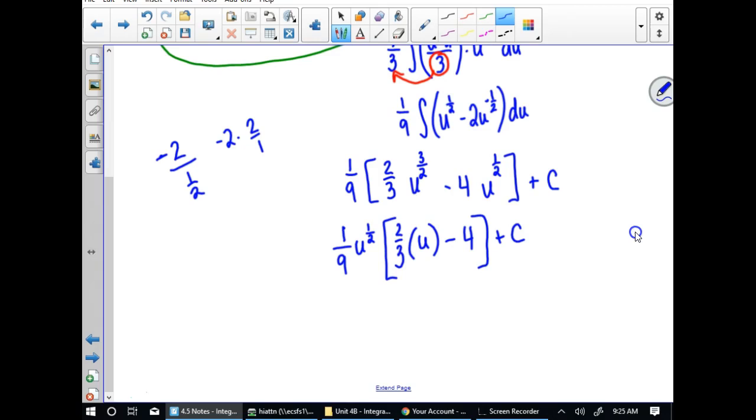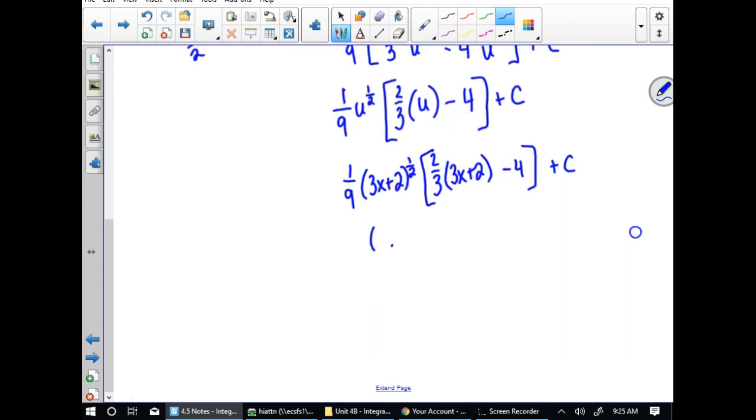And then you could plug in, and what did we have on this one? It was 3x plus 2, so 1/9 times 3x plus 2 to the 1/2, 2/3 times 3x plus 2, minus 4 plus c.